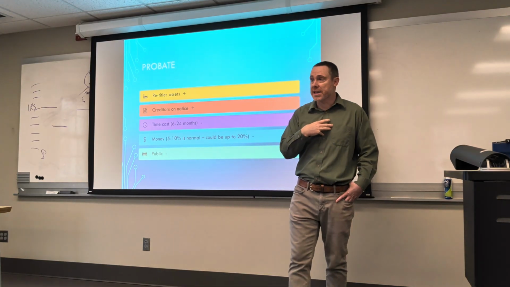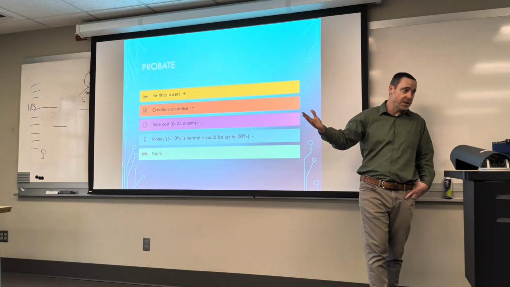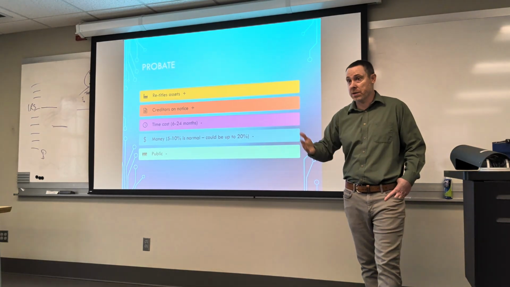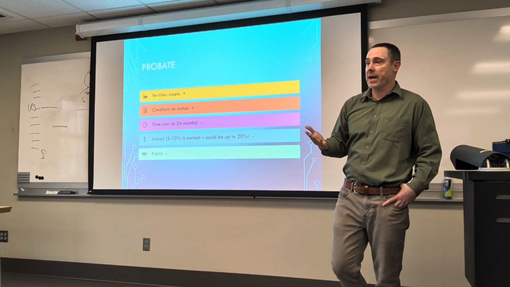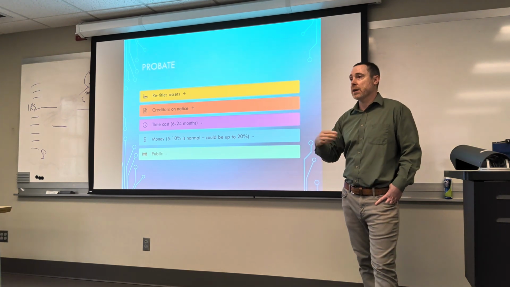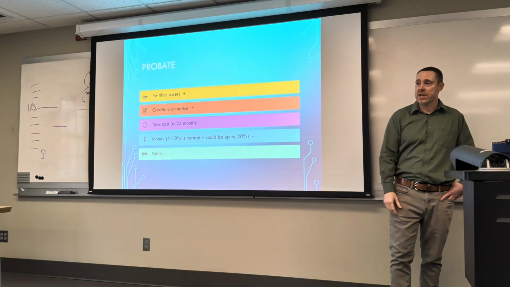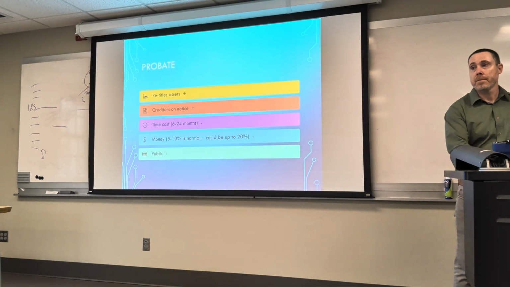So the executor has to figure out all that, figure out all the assets. I'm going to put these creditors on notice with a public notice, hey, Joey died, speak now or forever hold your peace, creditors. Creditors make their claims, executor pays them out, pays taxes, and then the loved ones get the dollars. Yeah, I thought your debts died with you.